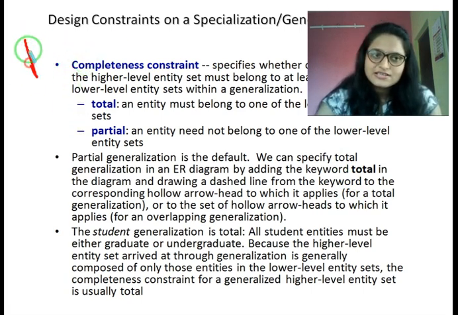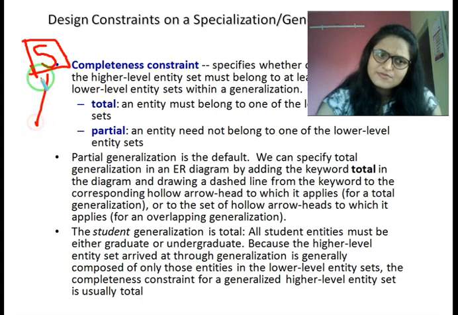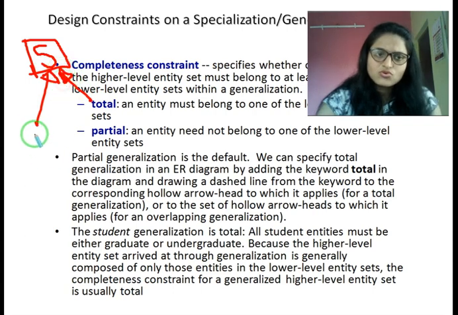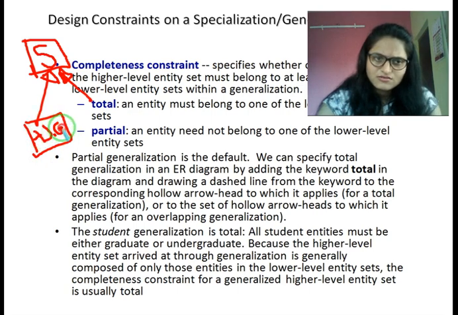Suppose we take one entity, the student entity. This student entity has specialization into two subgroups, termed undergraduate and postgraduate.